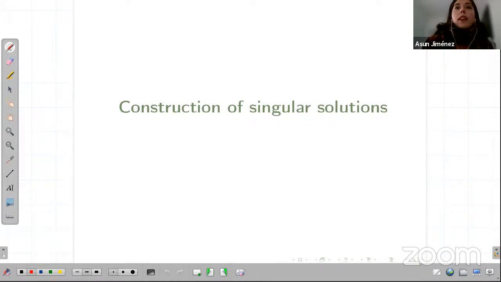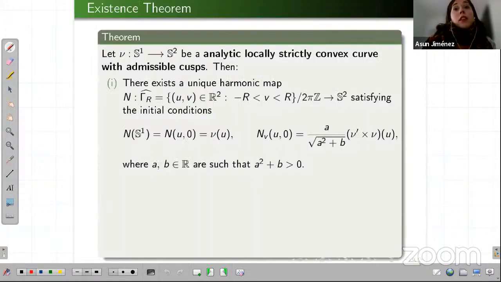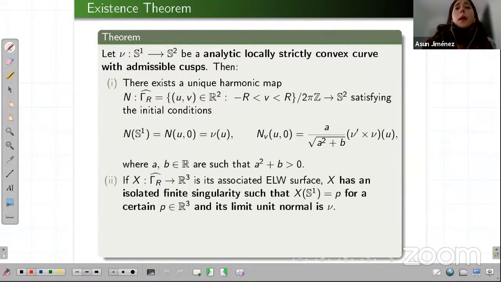We can also construct isolated singularities by means of the Cauchy problem for the harmonic map N by putting this initial condition here. I'm not getting into details, but if you start with a curve on the sphere which has an admissible cusp, you will have an isolated finite singularity.